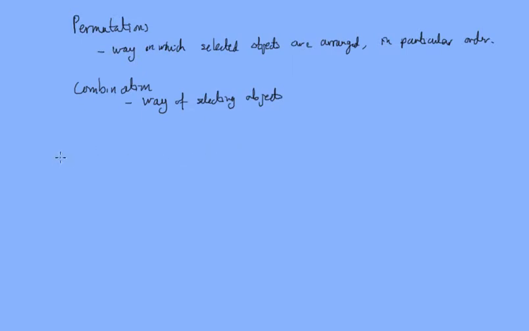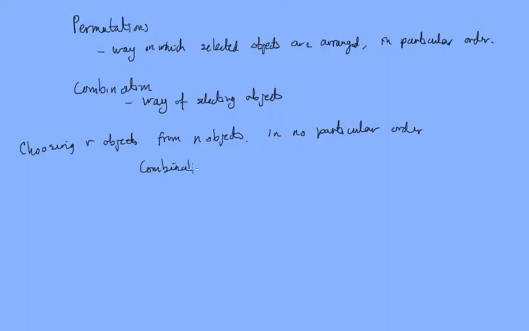So the number of possible combinations, if you're choosing R objects from N objects in no particular order, this is the combination, and the number of combinations is found by this notation.